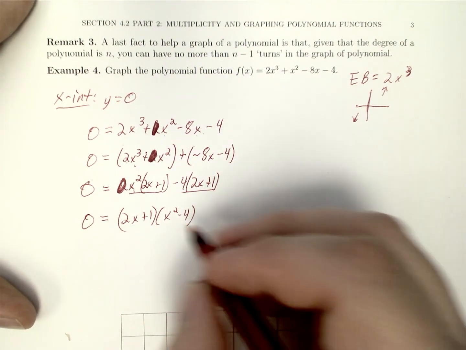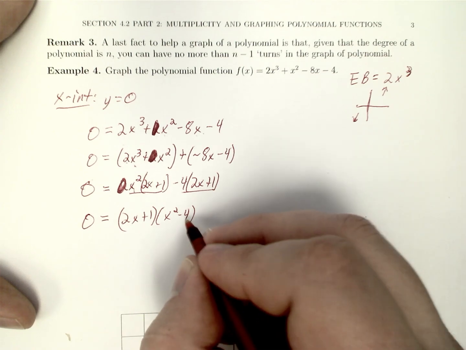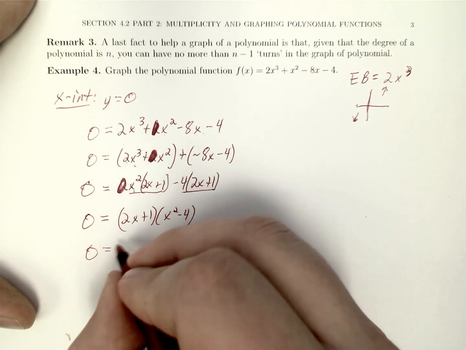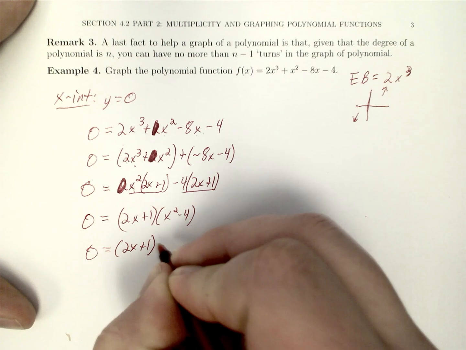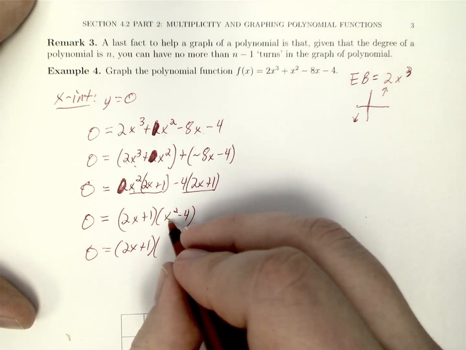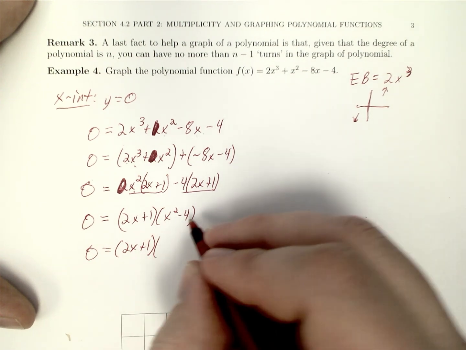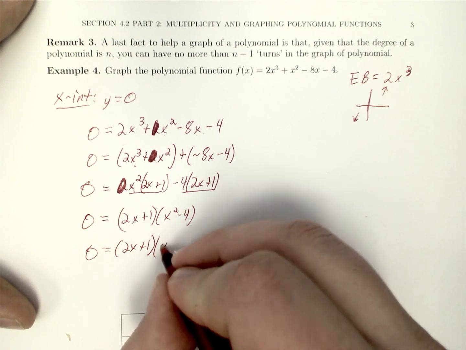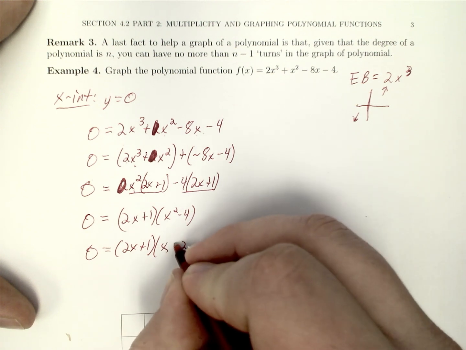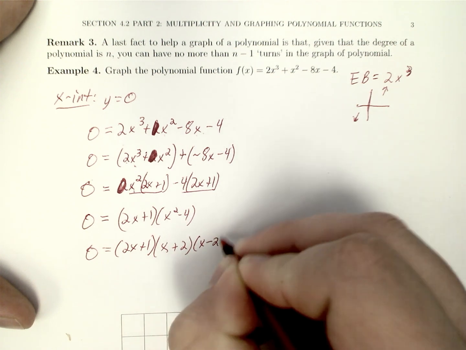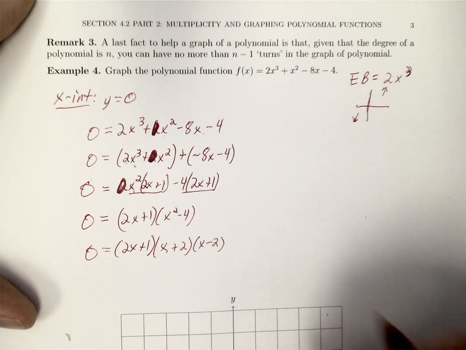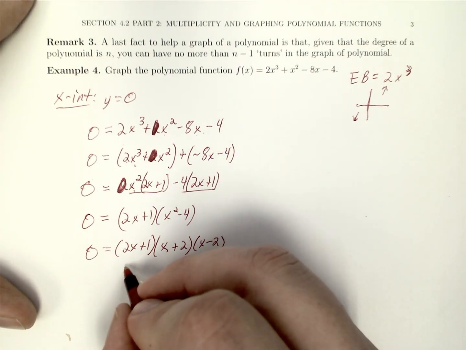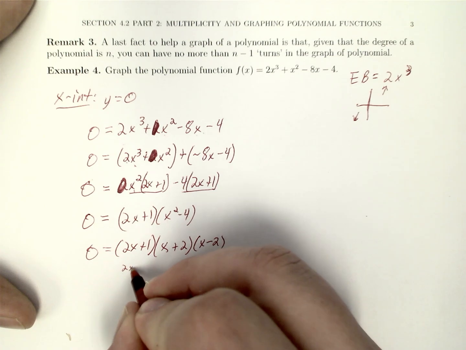Then we can factor out the x squared minus 4. It's a difference of squares. And when we do, it's something plus something, then something minus the same something. So square root of x squared gives us x. Square root of 4 gives us 2. So x plus 2 times x minus 2. And then we set each one of these equal to 0, and we solve.